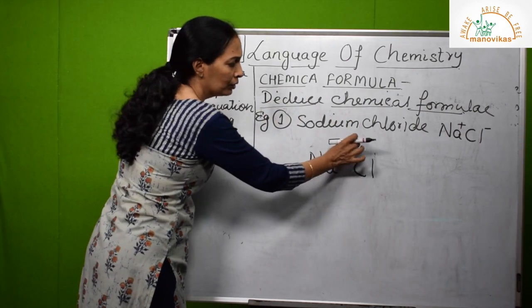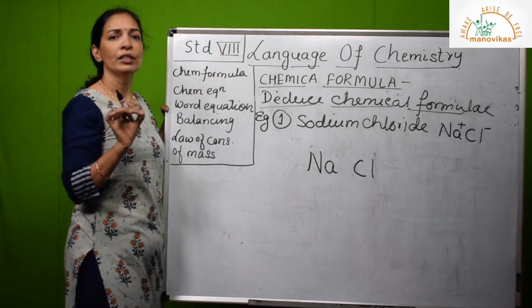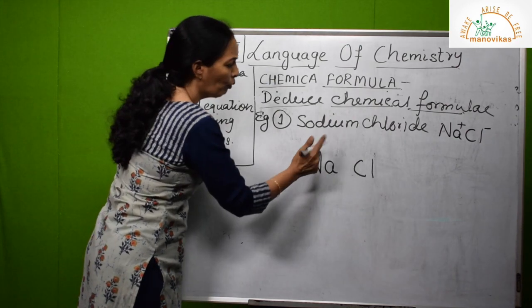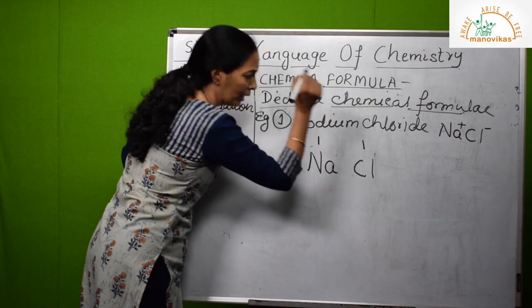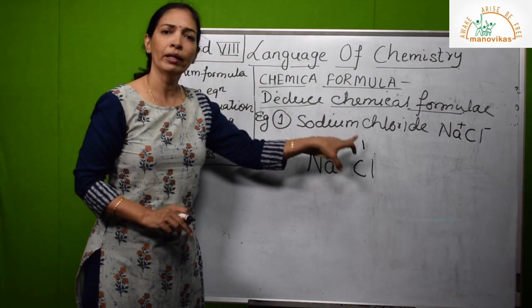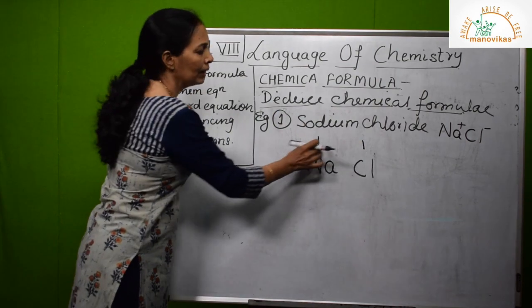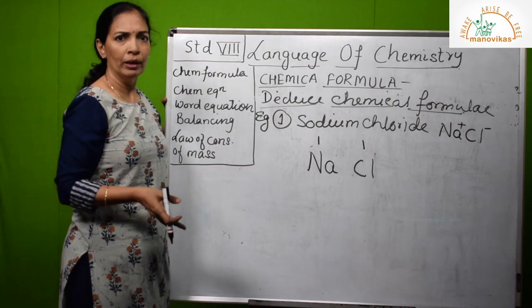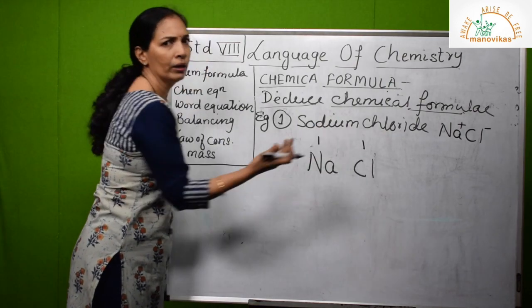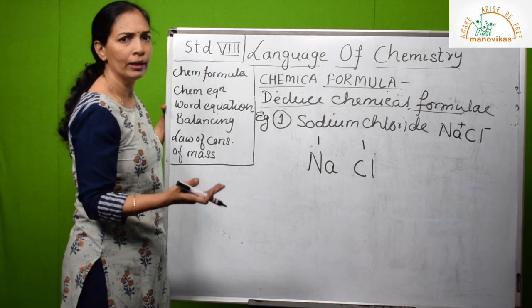And on top of that, we will write the magnitude of valency. Writing charge is not required. So this is 1 and this is also 1. We don't have to write +1 and -1, simply 1 and 1. Now we will see whether we can reduce it further, if there is any highest common factor. Since these are 1 and 1, there won't be any further reduction.